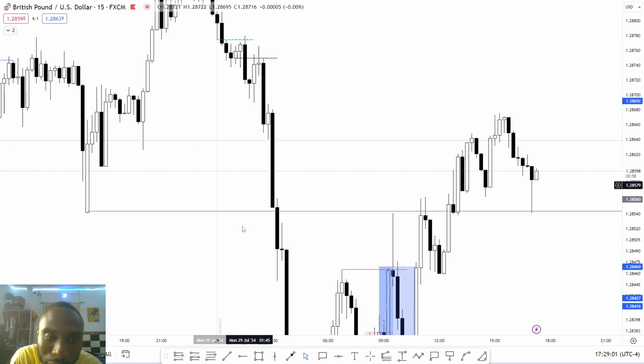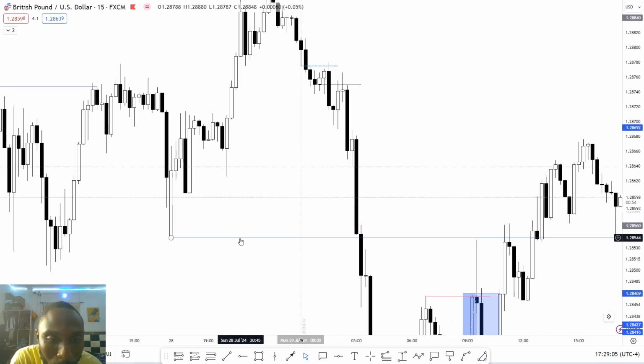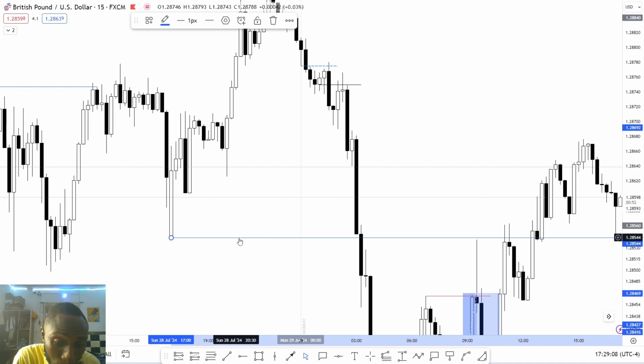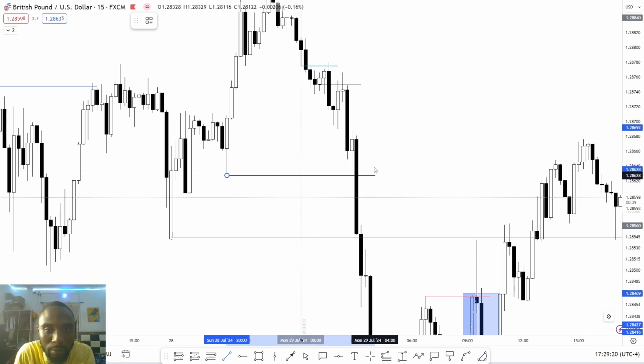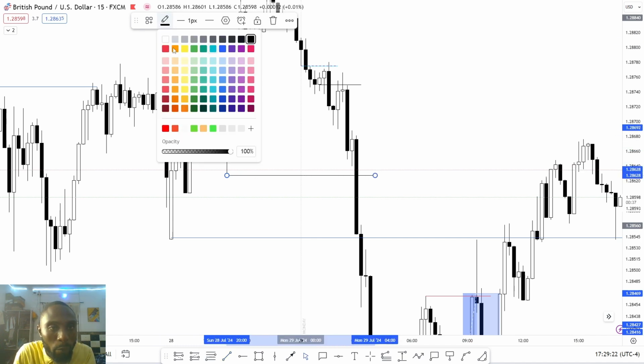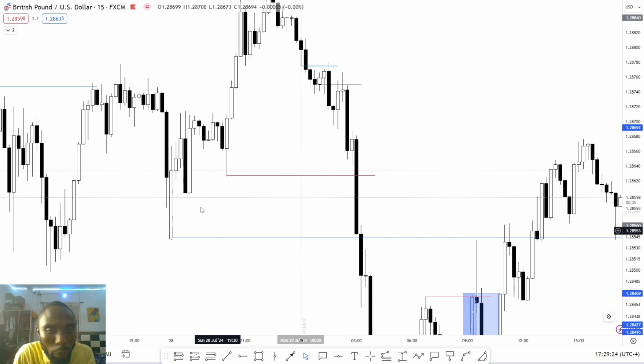It filled this order block and started dropping. This blue line is for the 4 hour OB, but this OB has not formed yet. So this is liquidity here, and this is also liquidity here.